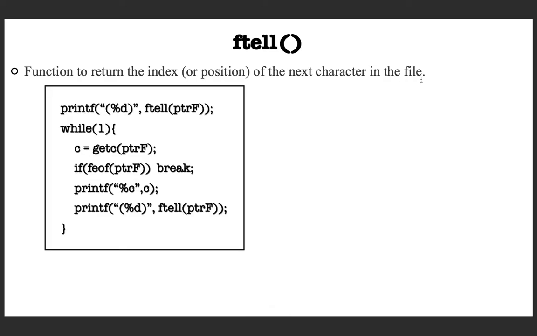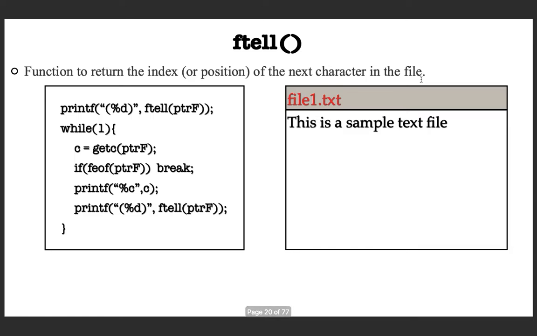Here is an example program which is trying to read and print the content of this file, file1.txt. This is the content, and see what this program is doing. First, it is trying to print within parentheses a number.